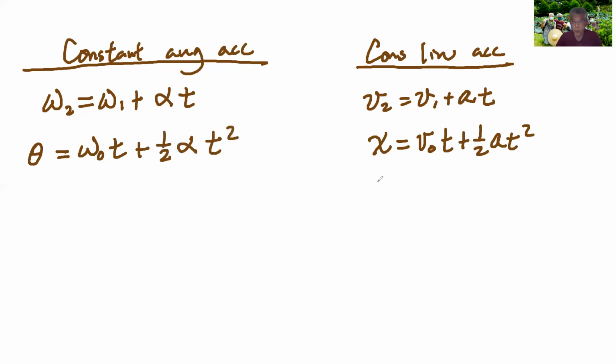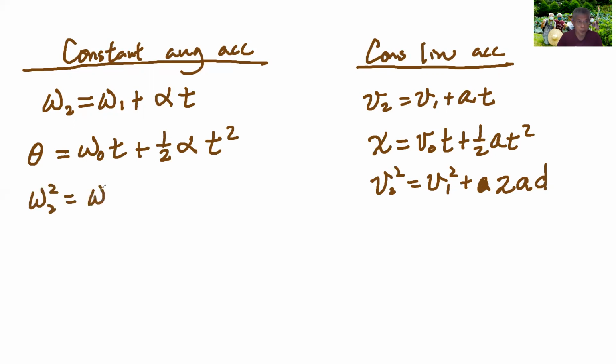The third one is the squared one. We have V2 squared equal to V1 squared plus 2AD. Here, V2 becomes omega 2 squared, V1 is omega 1 squared, plus 2 alpha, and this D is basically your angle, whatever angle you have traveled. So we could say theta, but we're just going to use theta right now.